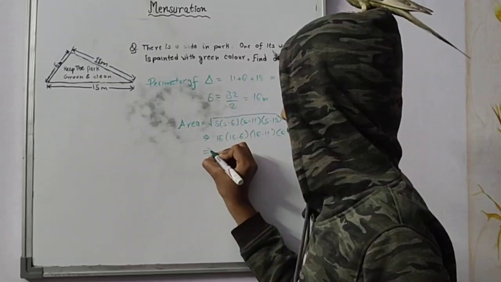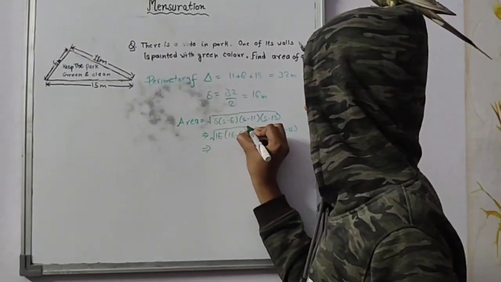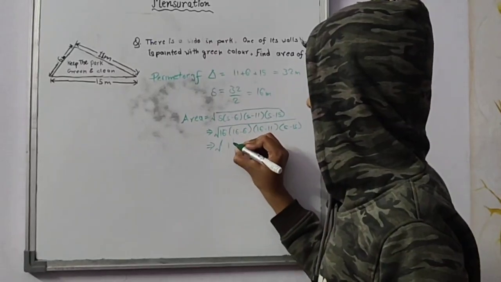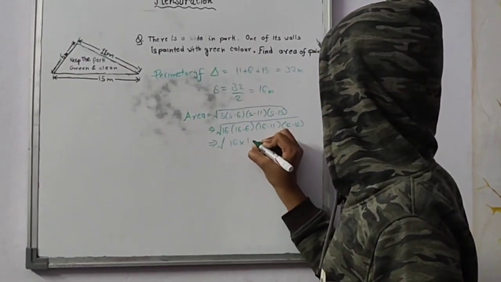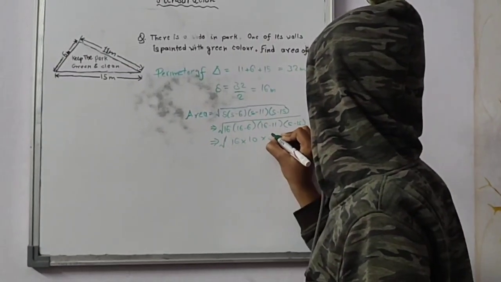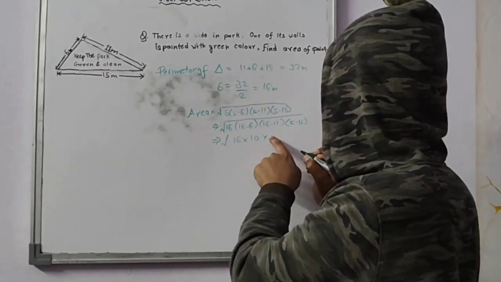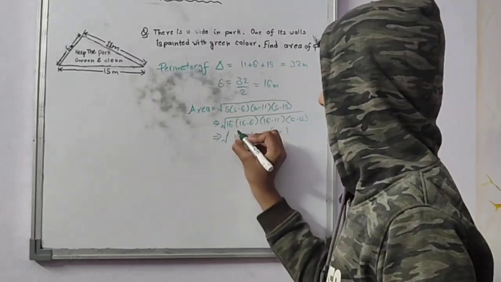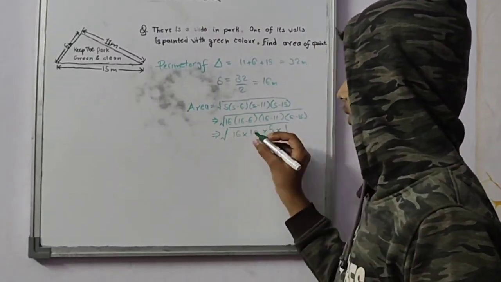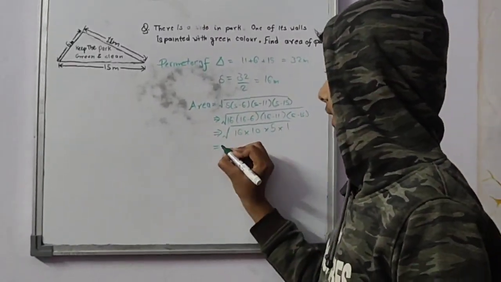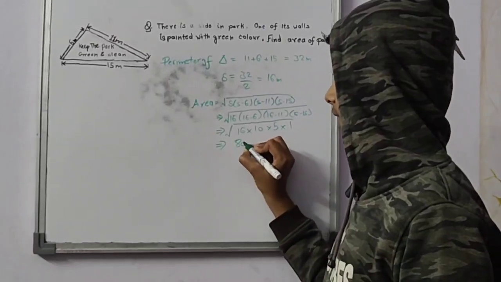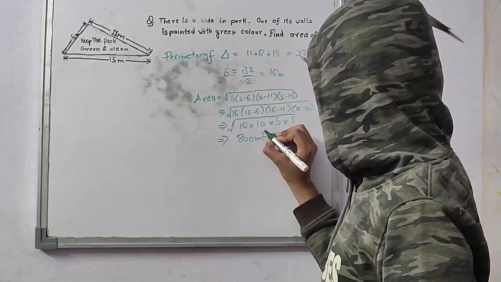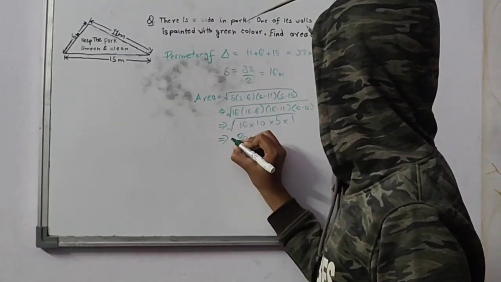So now this is under root. Under root, 16 multiplied by 10 multiplied by 5 multiplied by 1. There is no need of 1 in this. So 16 fives are 80. 80 into 10, 800 meters square will be our answer of this question.